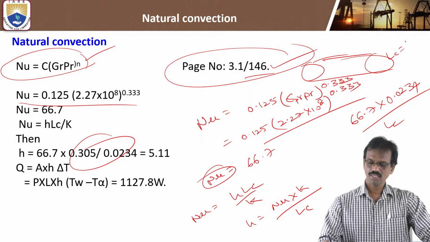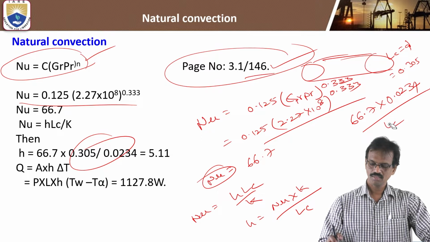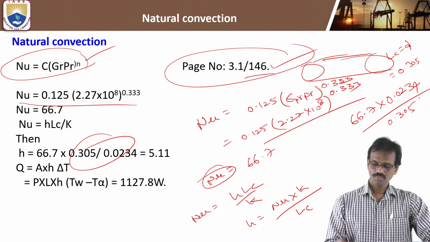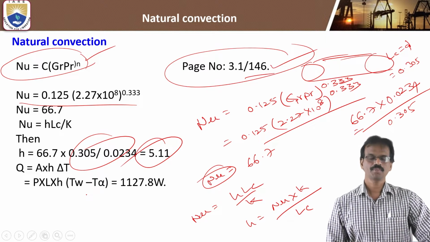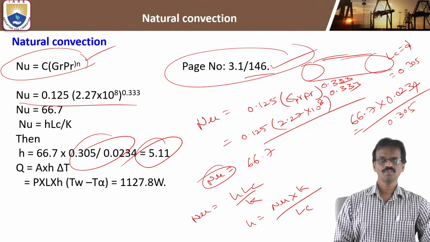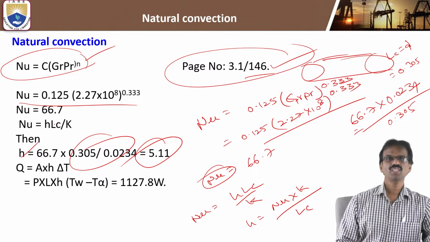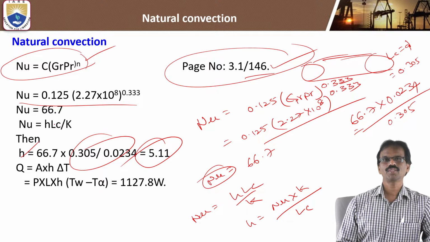LC is nothing but the diameter. So diameter is equal to 0.305. If you solve this one, we'll get h is equal to 5.11.